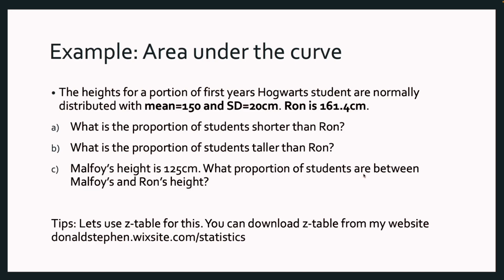This is some of the questions that we can solve using normal distribution. So let's look at this example. The heights of first year students are normally distributed with a mean of 150 and a standard deviation of 20 cm. Now Ron is 161.4 cm. The question is usually like this.